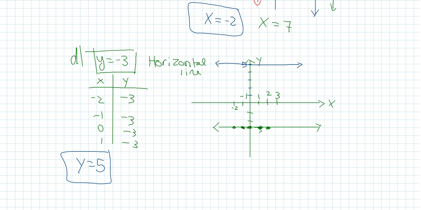It is parallel to the x-axis, but the line is a horizontal line. That's the definition of it. So y equals a number, that's a horizontal line. And x equals a number, that's a vertical line.